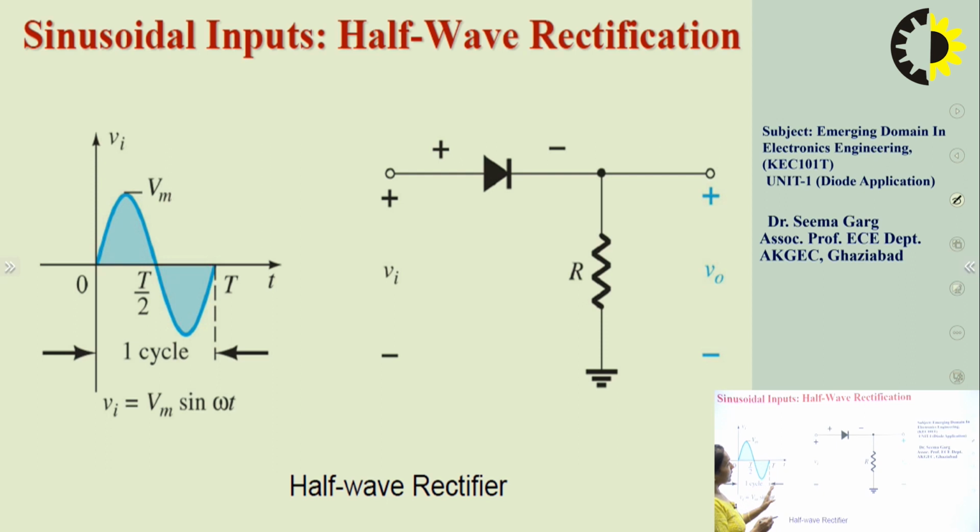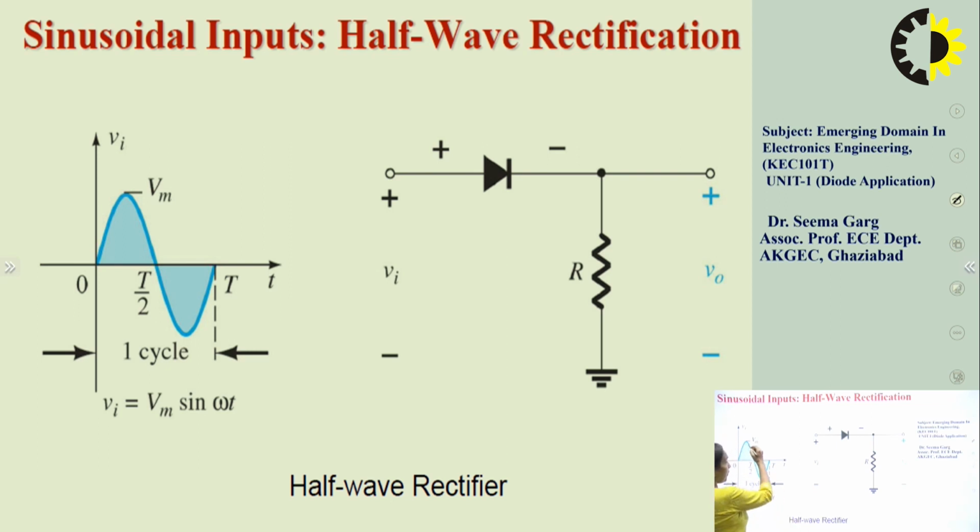So this is the diagram of the half wave rectifier. It consists of two components, that is a diode and a resistance. When we apply the sinusoidal input signal at the input terminal of the half wave rectifier, let us understand how it works.